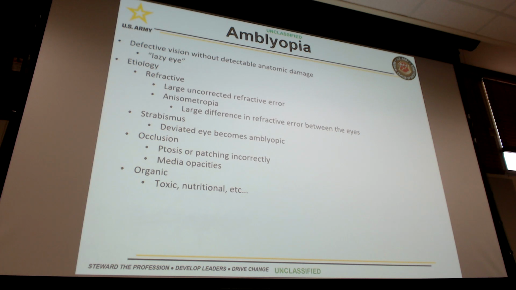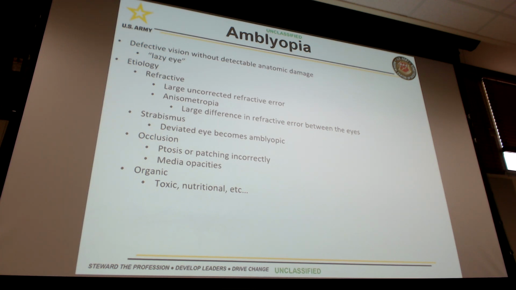Okay. All right, here's amblyopia. Again, I'm harping on amblyopia because you guys are going to see kids usually at a higher frequency than I'm going to see kids. And the kids are the ones that we can really prevent amblyopia in.